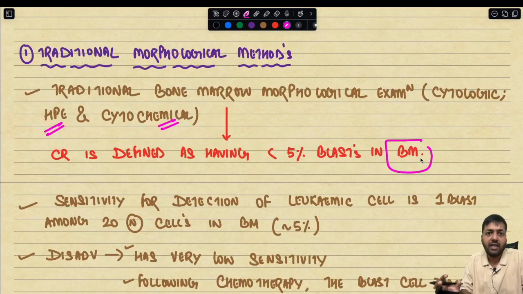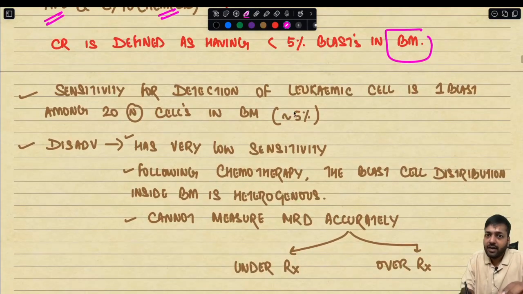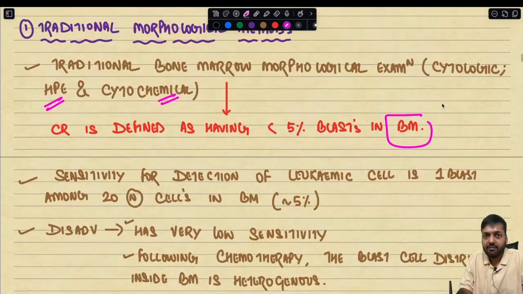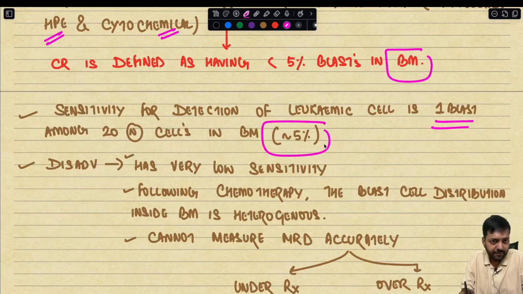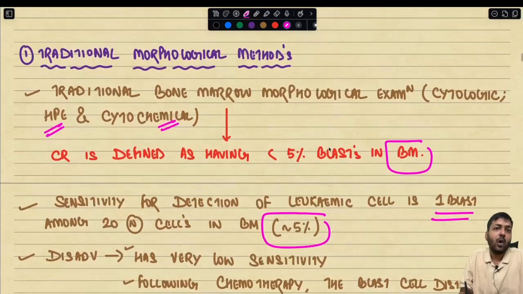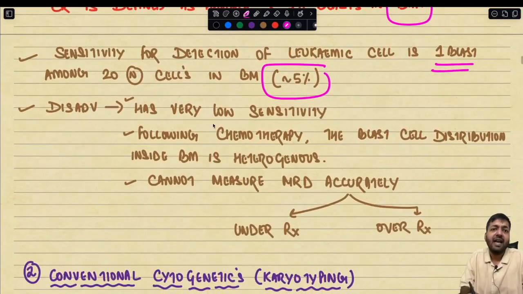The sensitivity for detection of leukemic cells by the traditional morphological method is 1 blast among 20 normal cells, which comes up to 5%. So what is the disadvantage of this method? It has a very low sensitivity.